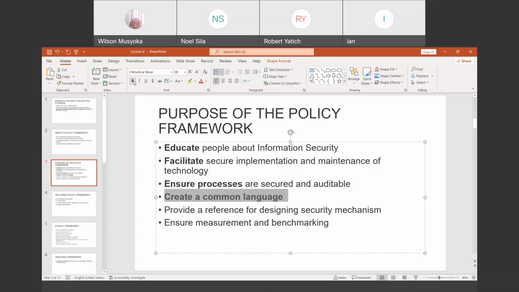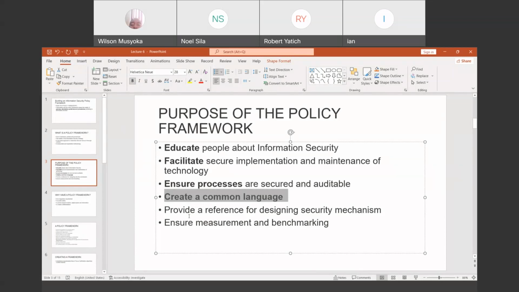If you have said that all gadgets need to have a username and password, then that is the language which is cascaded down the organization. If you have said that when you bring your own device, it needs to have all the apps uploaded, then that is the language that goes over the organization. So you avoid a scenario whereby some people have their gadgets secured and others have not. That is not going to be an effective method.